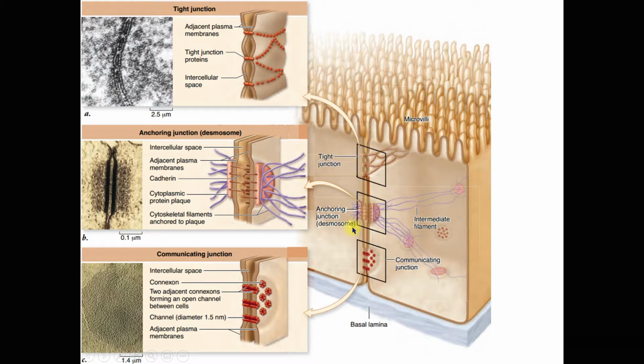Then kita ada anchoring junction. This anchoring junction is also known as desmosome. So whenever you see the word desmosome, this is what it means. It is an anchoring junction that can be found between cells. And the other one is the communicating junction.